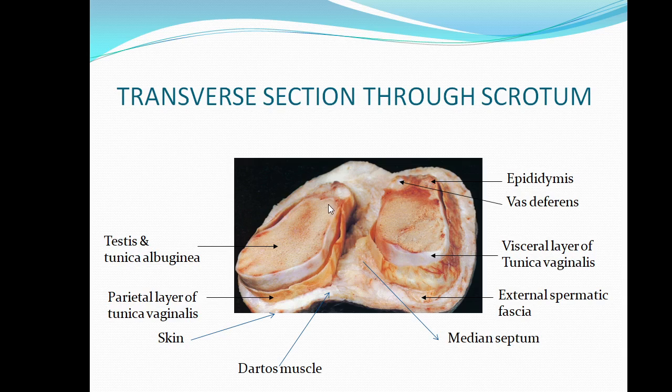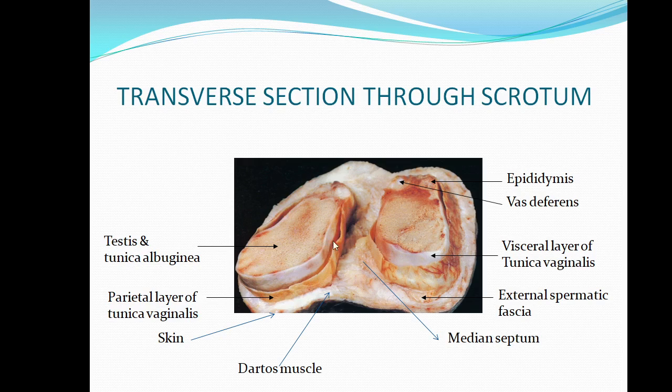This testis and epididymis, you can see, are enclosed in a bag of peritoneum, that is the tunica vaginalis. Here you can see the two layers, the parietal layer of tunica vaginalis and the visceral layer.